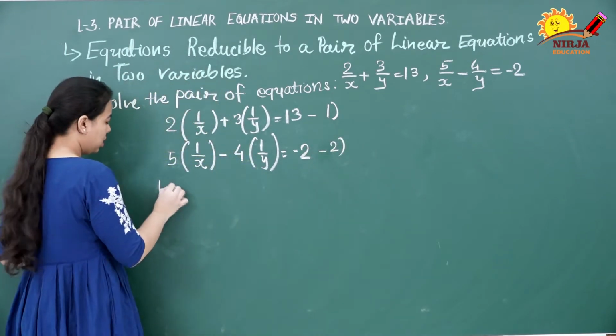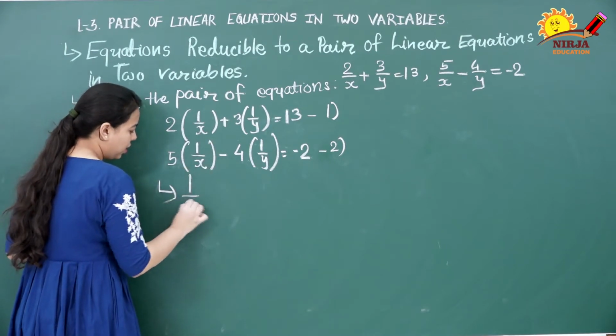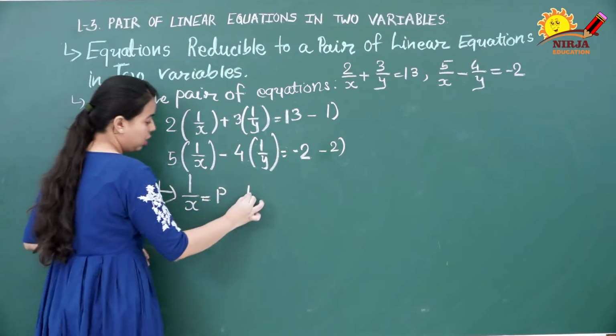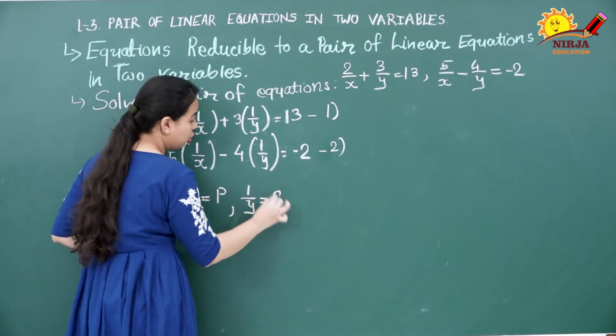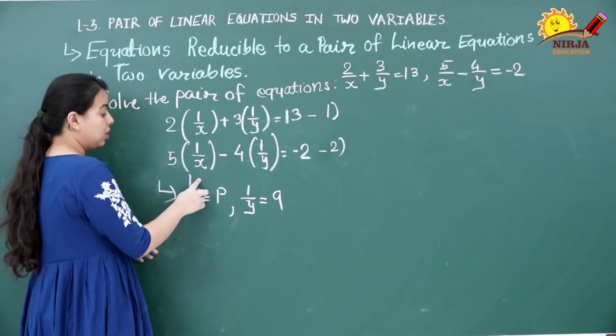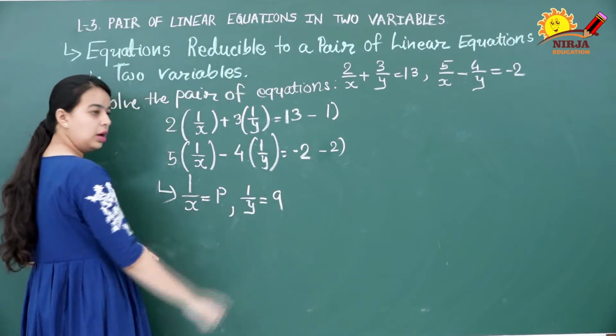Now, I am going to substitute 1 upon x as p and 1 upon y as q. That means we are going to write p instead of 1 upon x and q instead of 1 upon y.